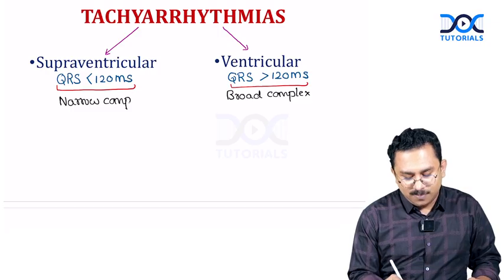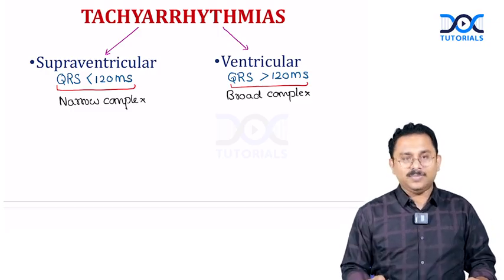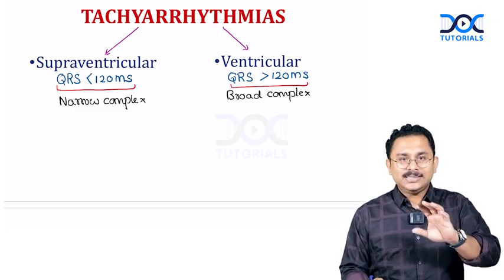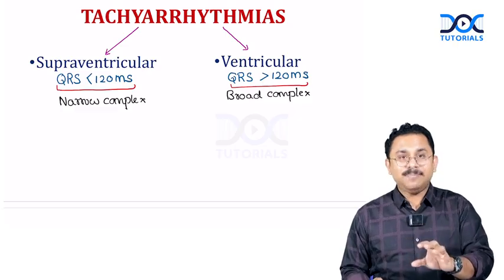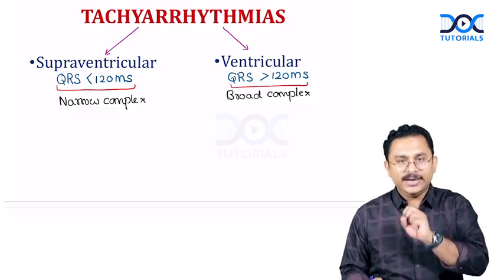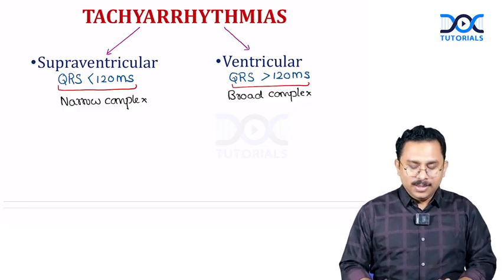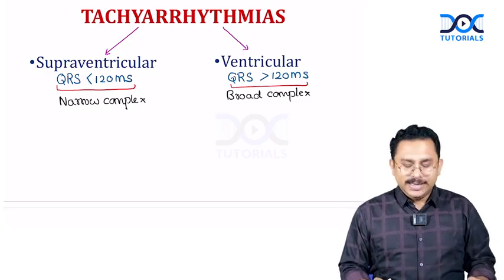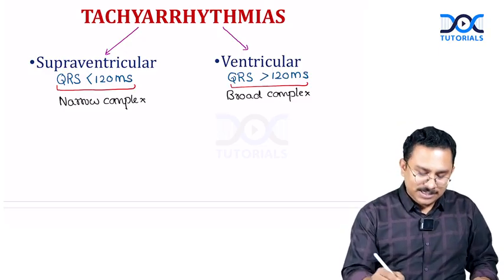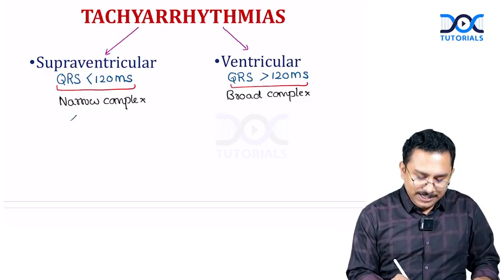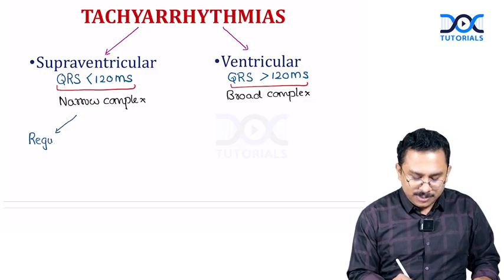So you've got narrow complex and broad complex tachyarrhythmias. That is your first decision step: is it supraventricular or ventricular? Now, you have to understand, supraventricular tachyarrhythmias can be either regular or irregular.